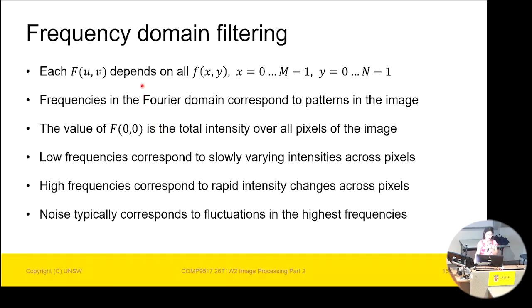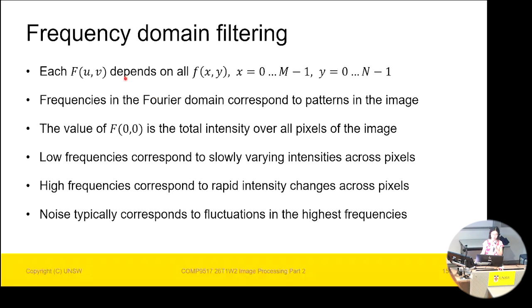So now we are moving on from having the Fourier domain, the frequencies, to what we can do with it. Now we're talking about low frequency and high frequency. The first point is a summary of what you get from this frequency representation, which I've mentioned before.